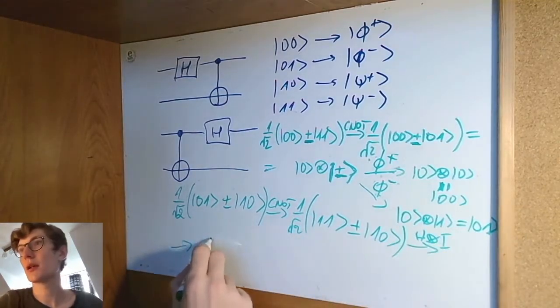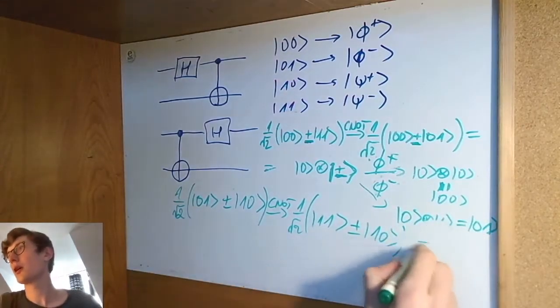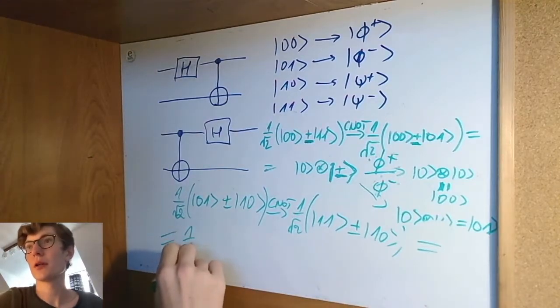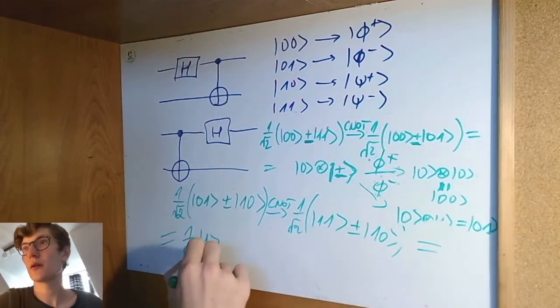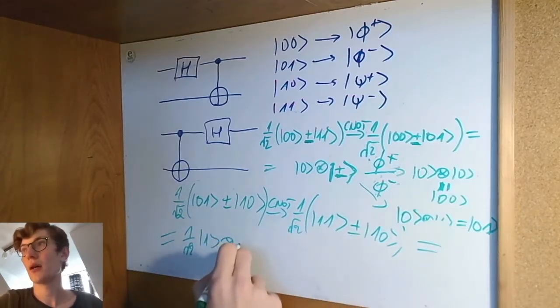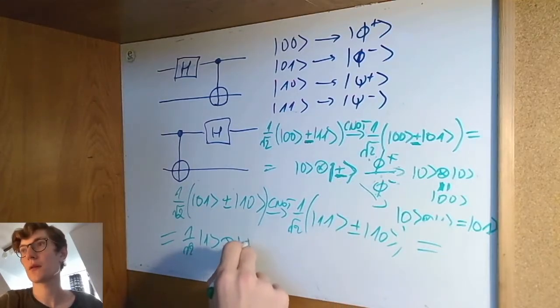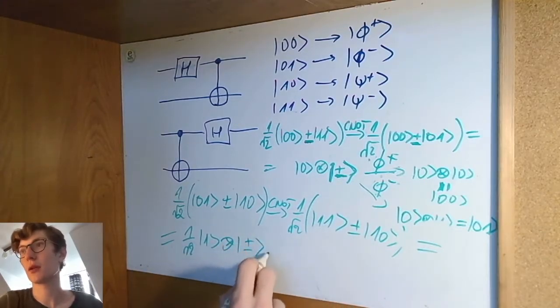So we get, of course, we can also write it first as a tensor product to better see what happens. This is just 1, and this is 1 plus 0 or 1 minus 0, okay, so it's plus in the first case and minus in the second one.